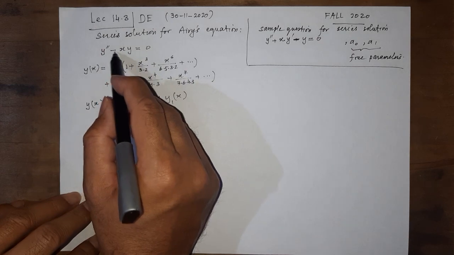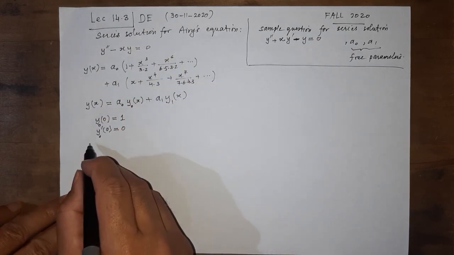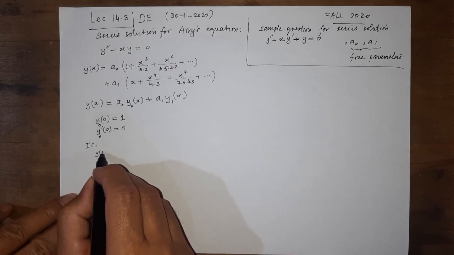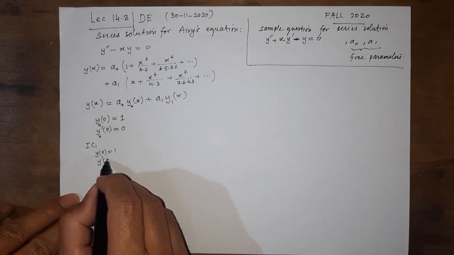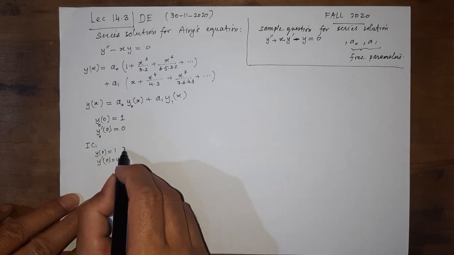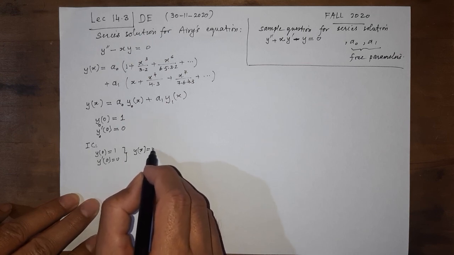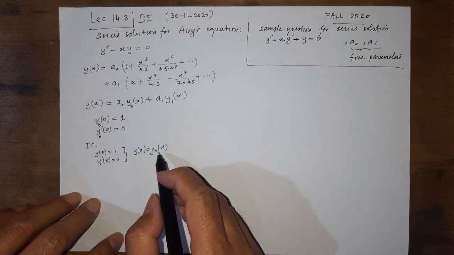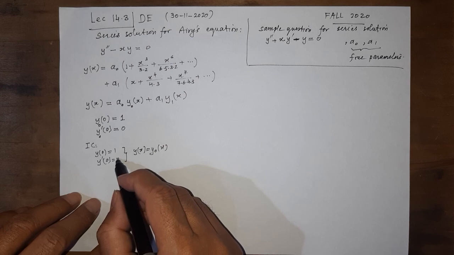So if this Airy's equation is solved with initial conditions that y of 0 is 1 and y prime of 0 is 0, we are going to get y of x equal to y naught of x. This becomes the solution of the differential equation. We can check this and see that.